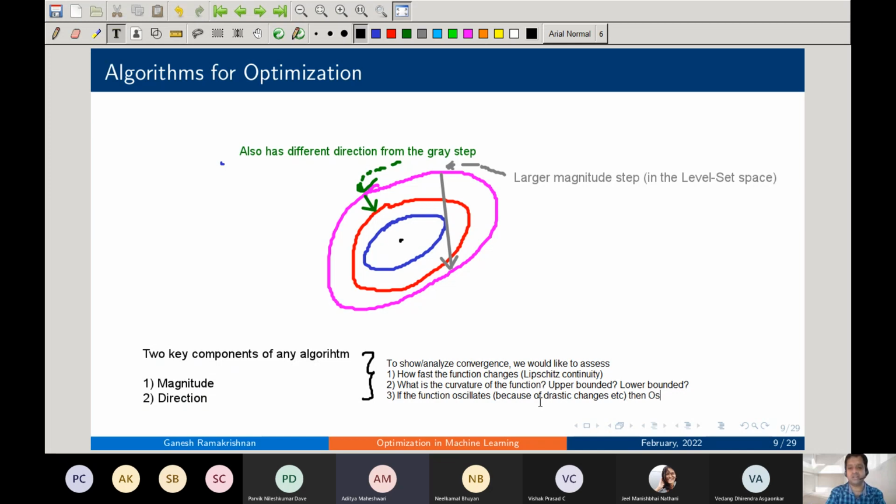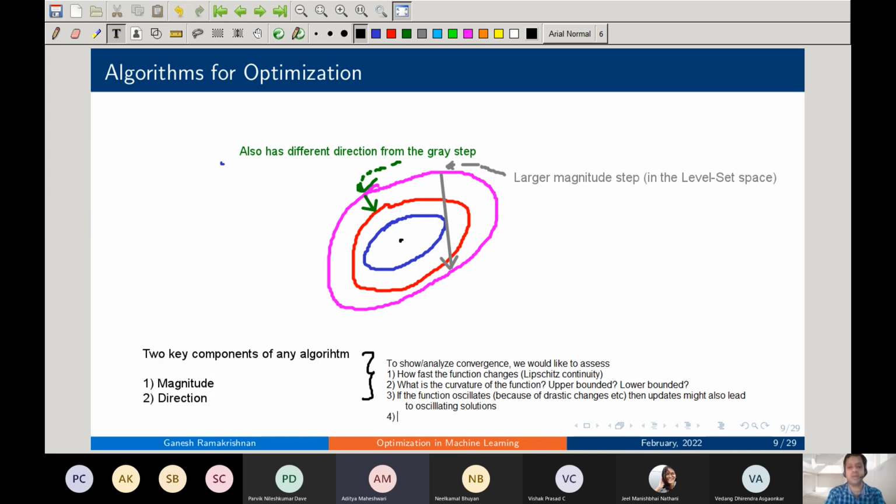Then oscillations can happen. The updates based on magnitude and direction can also lead to oscillating solutions.